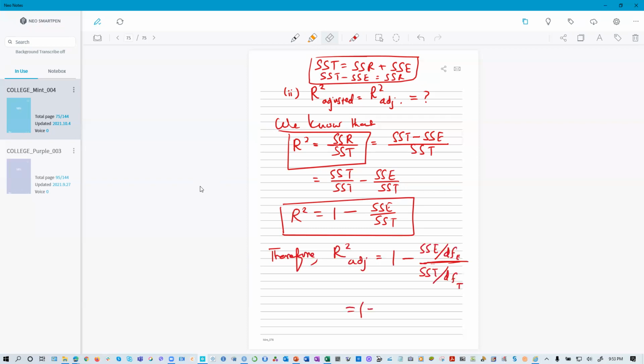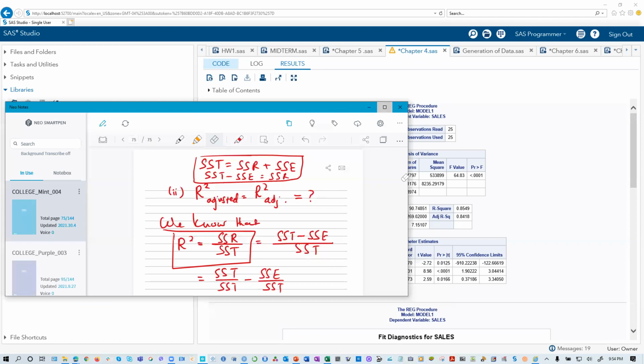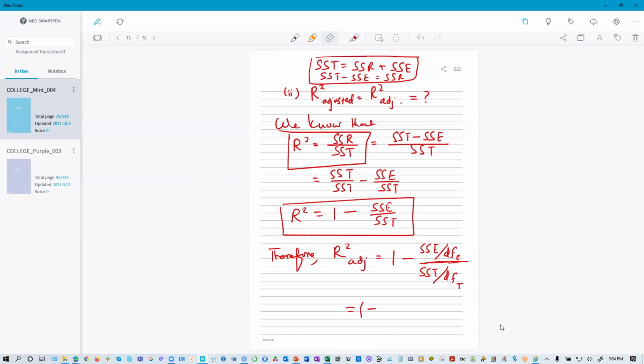Now we know if you divide sum of squares error by its degrees of freedom, it's nothing but mean squared error. See this part. So it's nothing but MSE, mean squared error divided by mean squared total. That's how they calculate that as a percentage.